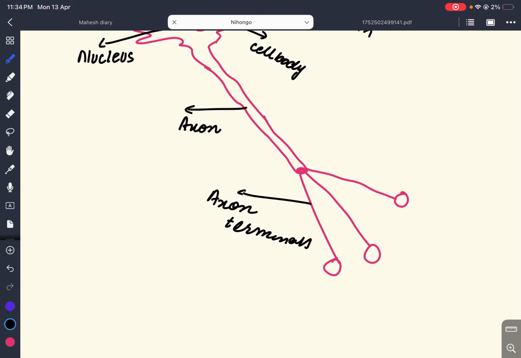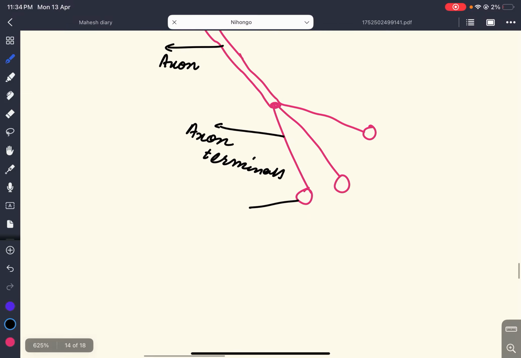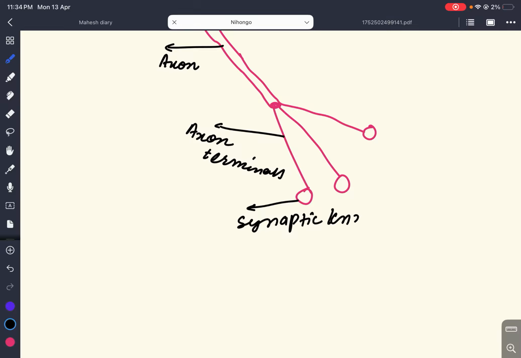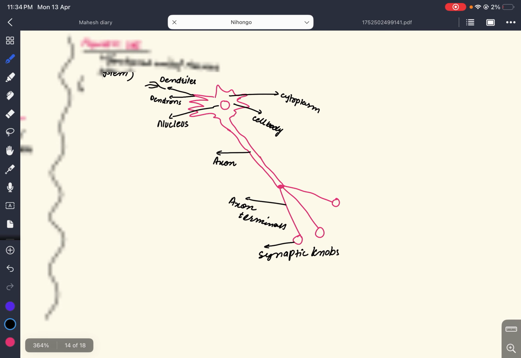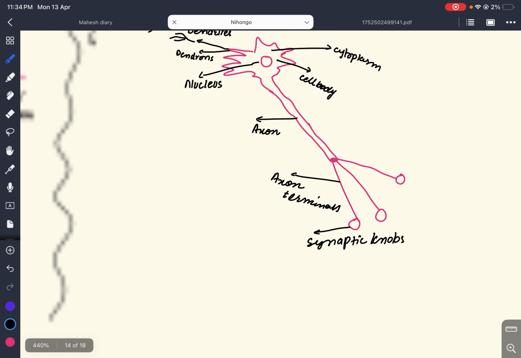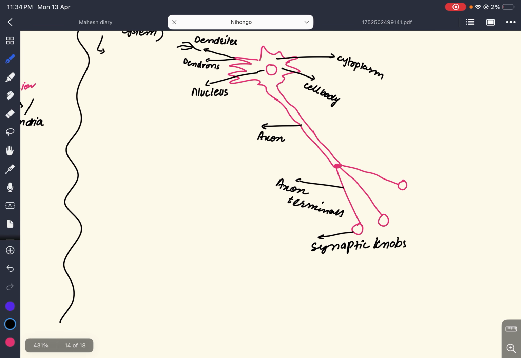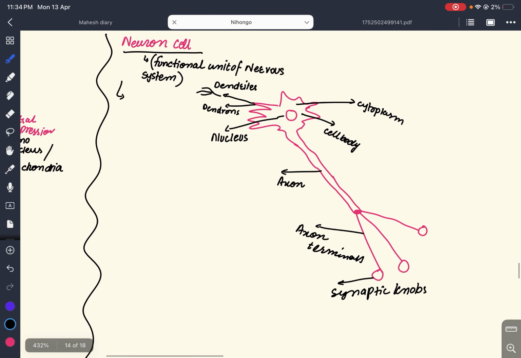Axonal terminals. And then these ball-like structures are called synaptic knobs. Okay. And nothing is out of syllabus right now. It's just the structure you should know. This is the basic structure that you should know about the neuron cell.